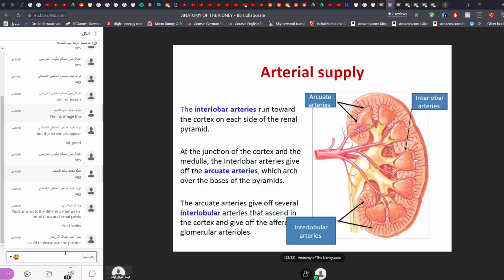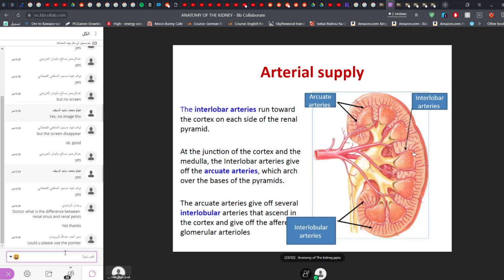Now, if you see this diagram, each arcuate artery is again giving these small tiny arteries. Can you see? These arteries are going towards the parts of the lobule, and we call them interlobular arteries.